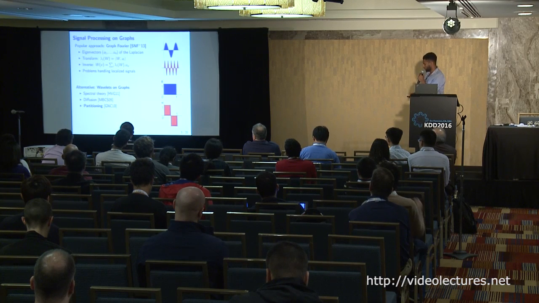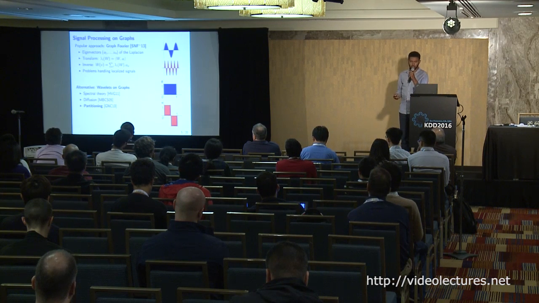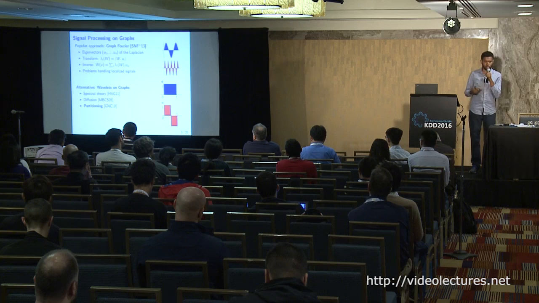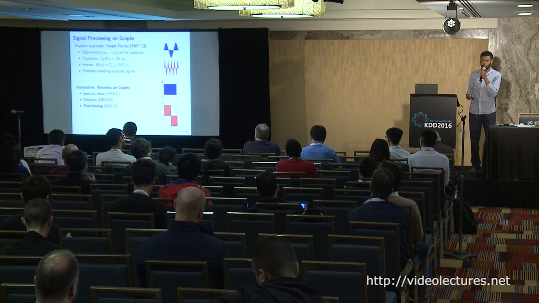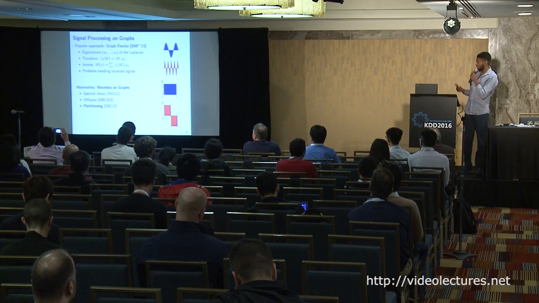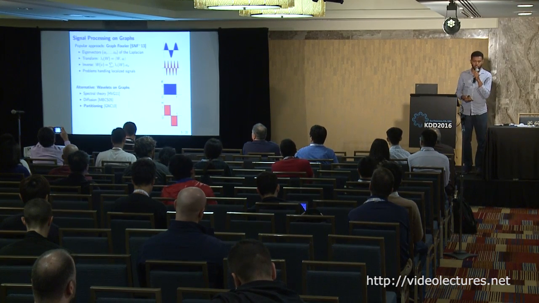The idea is basically that you can look at the eigenvectors of the Laplacian matrix and try to project your function on top of those eigenvectors. If you assume that the eigenvectors can capture some structural properties of the graph, and if your function is smooth, then you capture that using those eigenvectors.